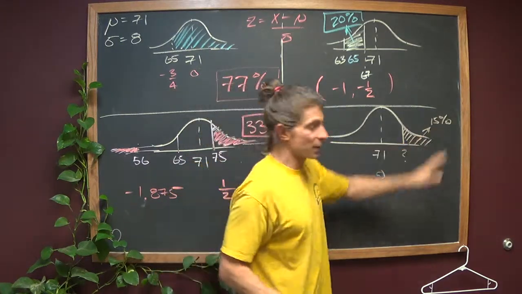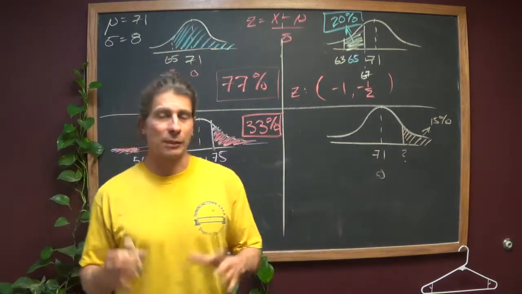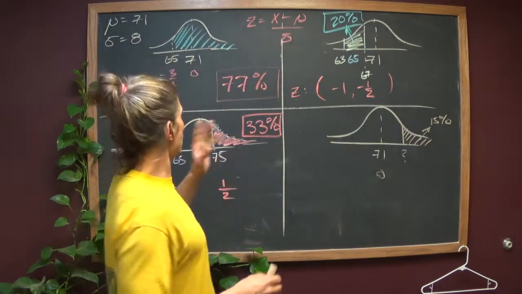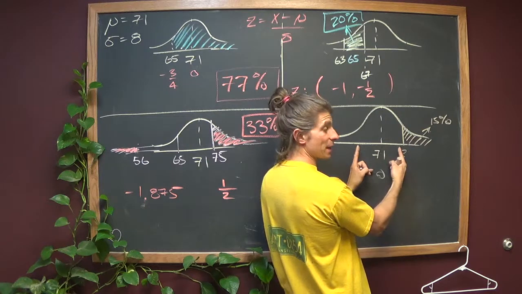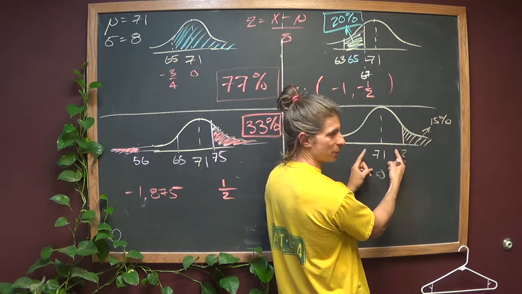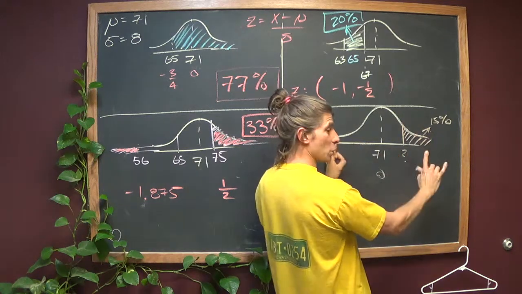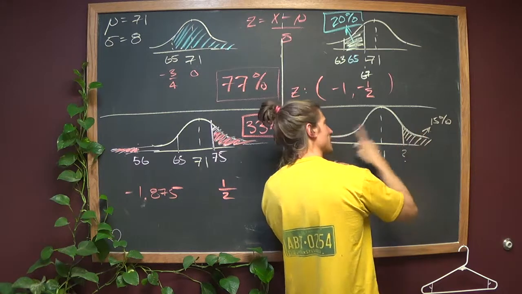Now, 15%, again, I'm going to do this a little bit punk rock, not so much using the technology for the sake of technology. We know that within 1 standard deviation, you've got 68% of the data, ish, 2/3, whatever you want to call it. 68%, which means 32% is in the tails. If that's the case, that means you've got 16 and 16.